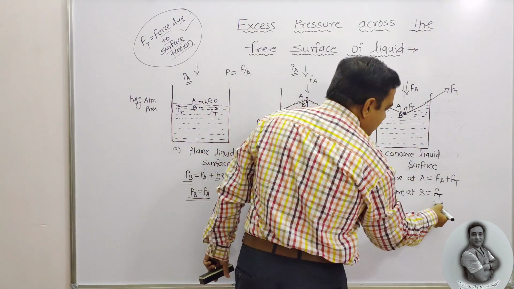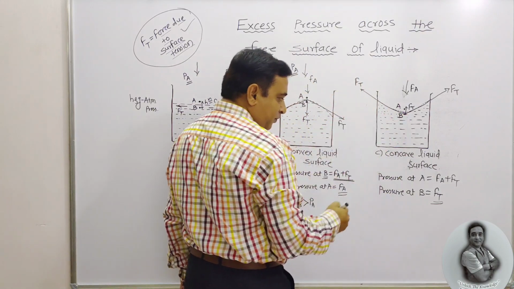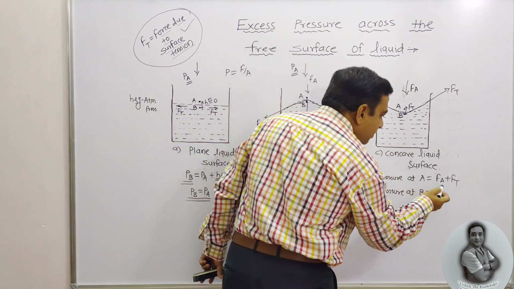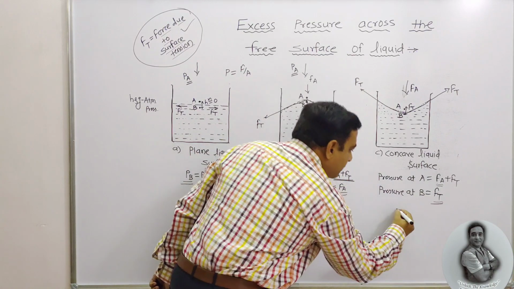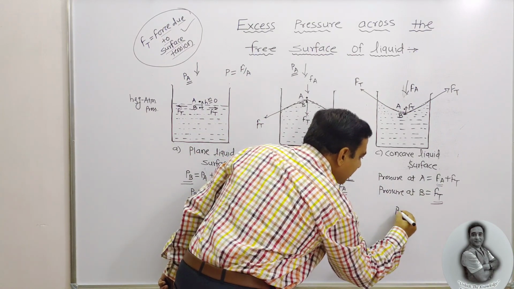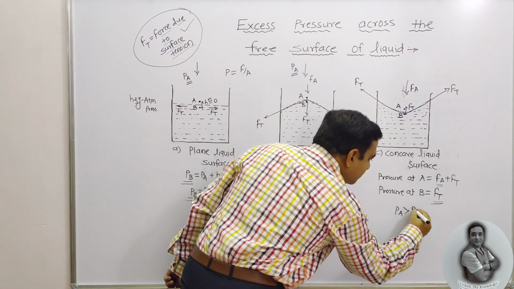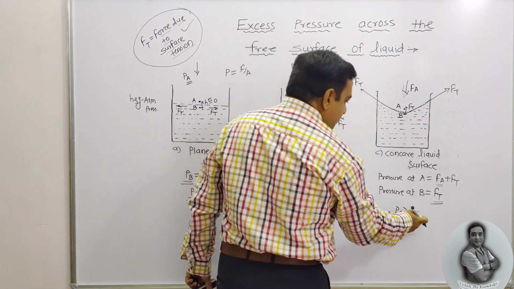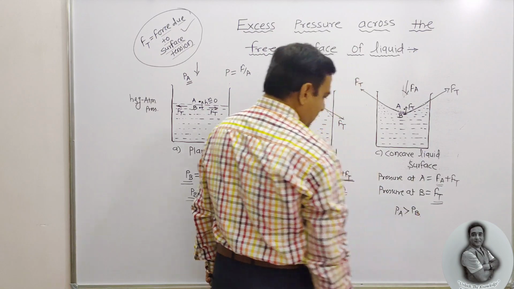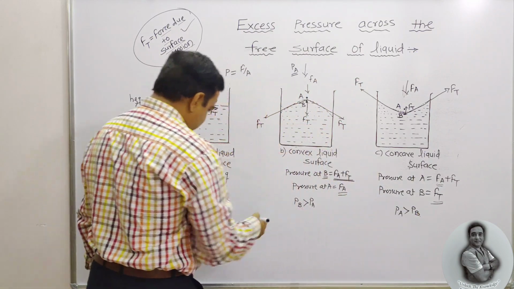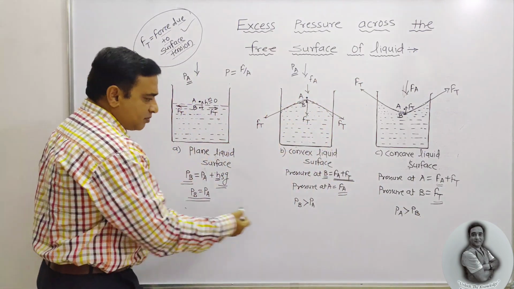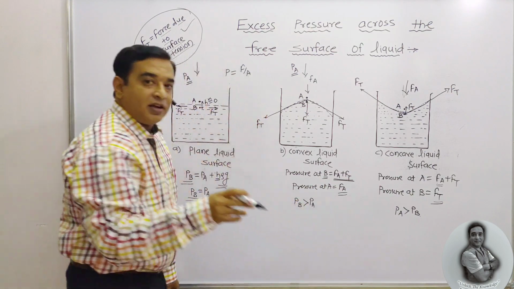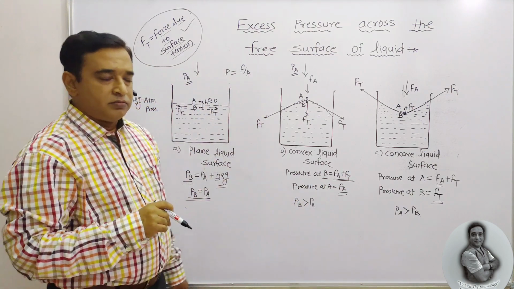Only Ft is the force which is acting at the point B, and in addition to that we have the atmospheric pressure. So Pa is greater than Pb. The pressure at the point A is greater than the pressure at the point B. Sir, these are not similar ones. This is not similar, and hence it is time to draw the conclusion now.